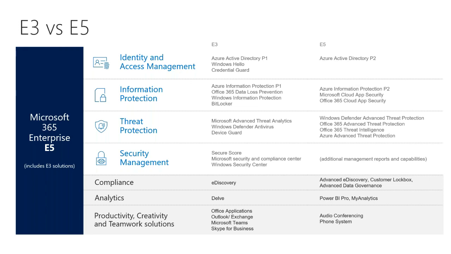When we look at the E5 portfolio of products, it's really more around the automation capabilities, and those AI capabilities that are built into some of the services in the E5.